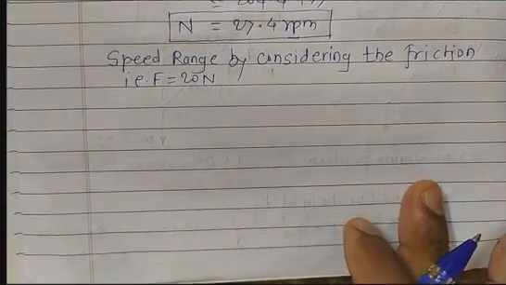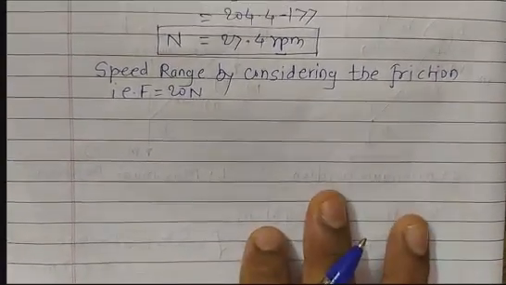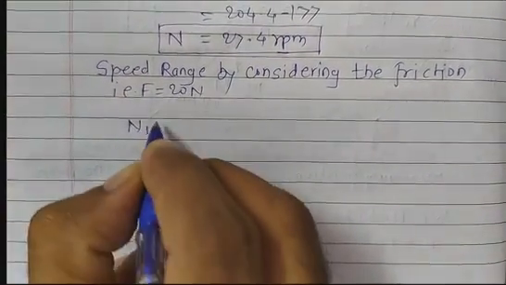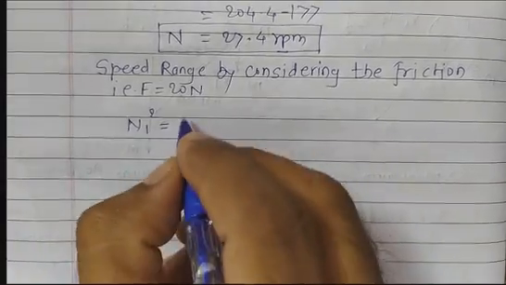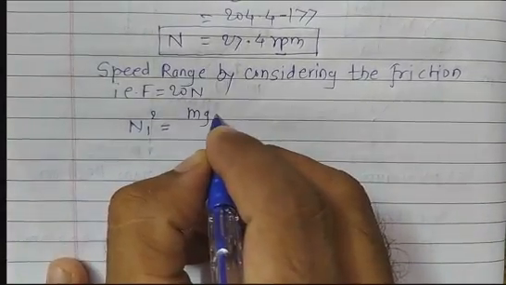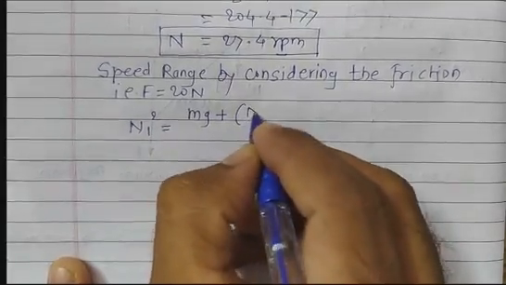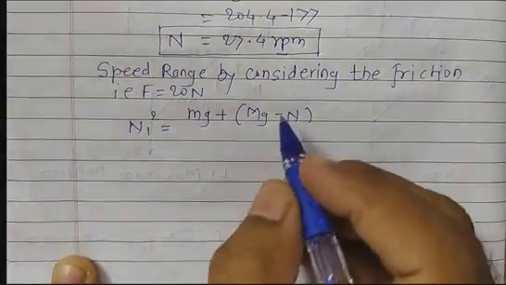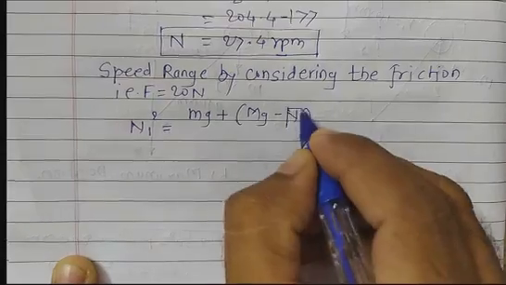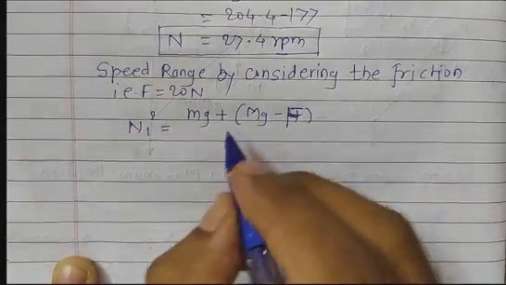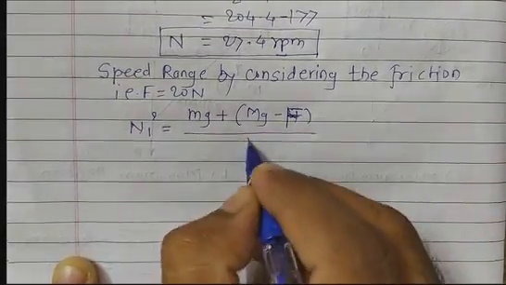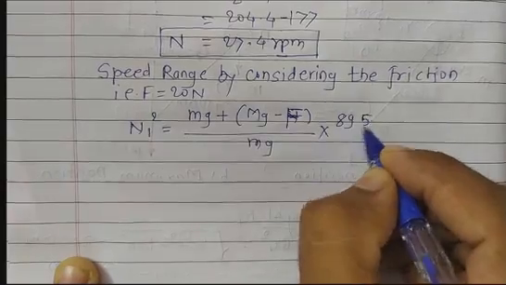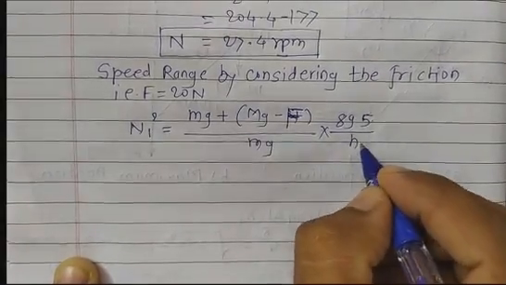Now by considering the friction, we know the relation: N1 square equals (mg plus M g minus F) divided by mg, multiplied by 895 divided by h1.